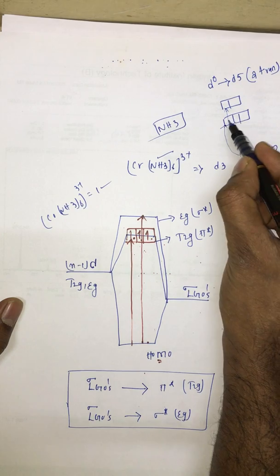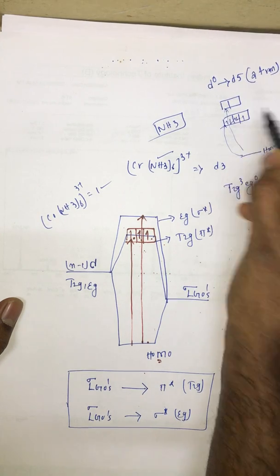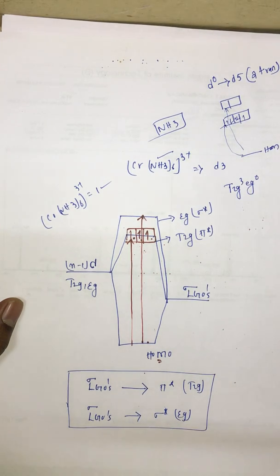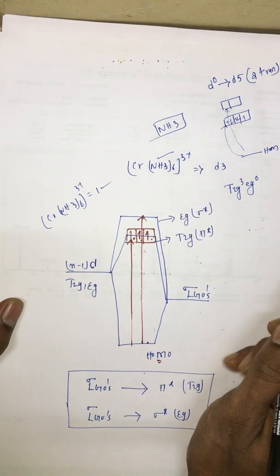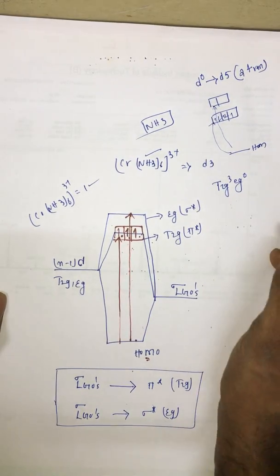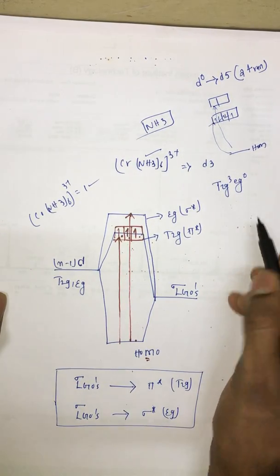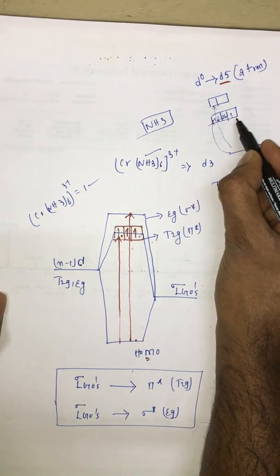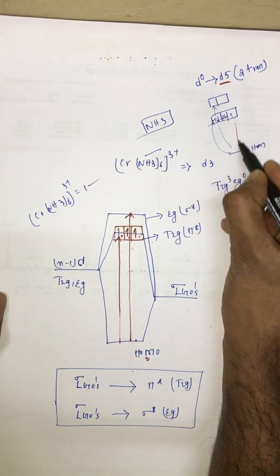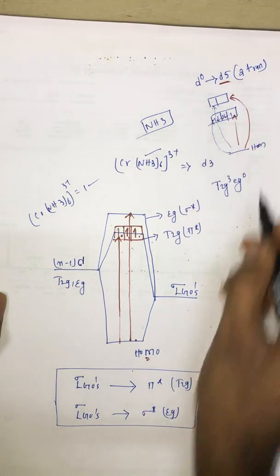And d5 also, because charge transfer is only for the strong field low spin complexes. Orgel diagrams are for the high spin complexes. Charge transfer is for low spin complexes. So d5 will fill like 1 2 3 4 5, and here one vacancy is there. Here one transition is possible, another transition is also possible.